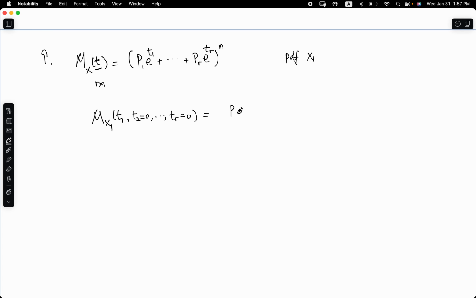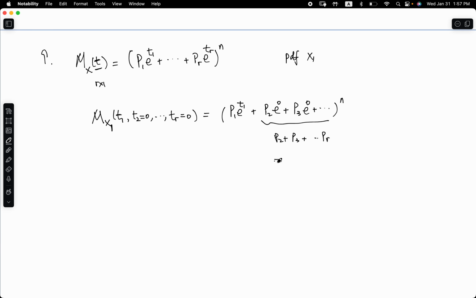So we just have e to the t1 remaining, but p2 e to the 0 plus p3 e to the 0, raised to the power of n. And here we just have a summation of p2 plus p3 plus all the way to pr.